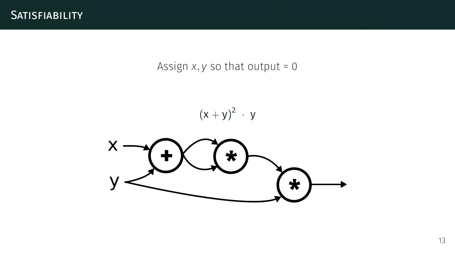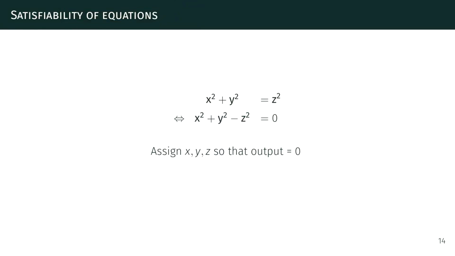Again, this arithmetic circuit, we call it satisfiable if we can find an assignment for the input values here such that the output becomes 0. Why 0? Because that immediately leads us to satisfiability of equations. So consider maybe this equation at the top here. If we want to know whether this is satisfiable by some assignment to x, y, and z, well, do your high school math.